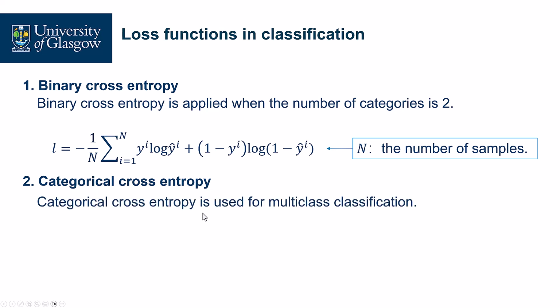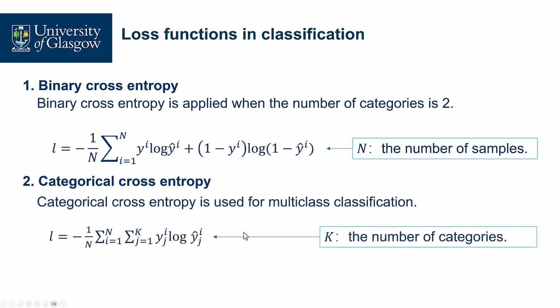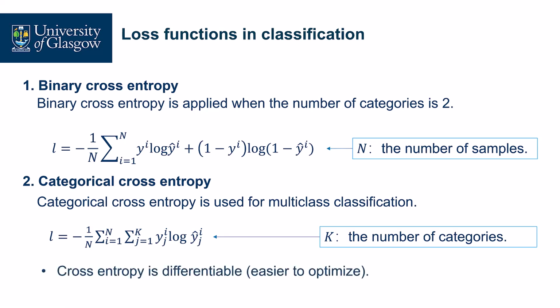We can see the formula is here, right? You can program it yourself and see in MATLAB how to call it. These entropy functions are differentiable, so they are easier to optimize, but they have some local optima. Then the question is how to solve that and optimize efficiently, right? We will discuss it in later sessions.